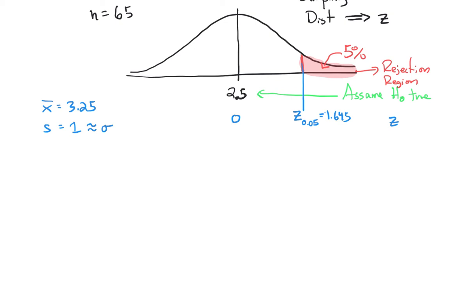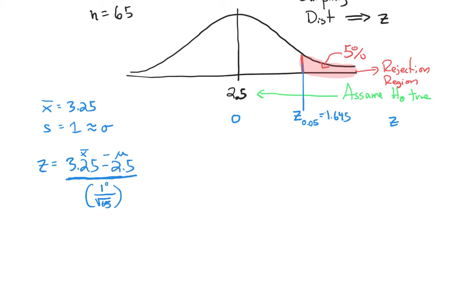So let's calculate the z-score. So we get z equals 3.25 minus 2.5. So remember, that's just x bar minus the population mean, over our standard error, and our standard error is 1 over root 65.